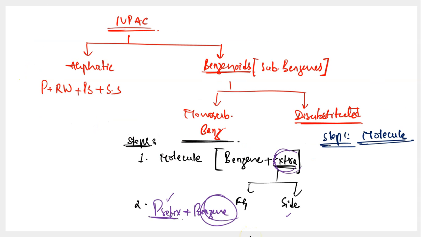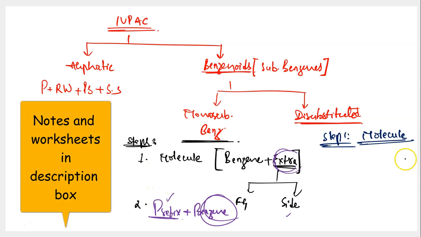So to go back for a quick summary, we are talking about IUPAC nomenclature of organic molecules, which can be of 2 types. If it is aliphatic, here are 4 components of IUPAC. But if it is benzene or substituted benzene, these are the rules that you need to follow. When you're talking about substituted benzenes, it can be monosubstituted benzene or disubstituted benzene. If it is monosubstituted benzene, follow these 2 steps.